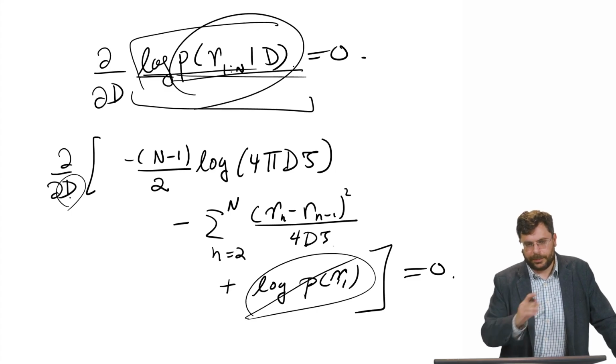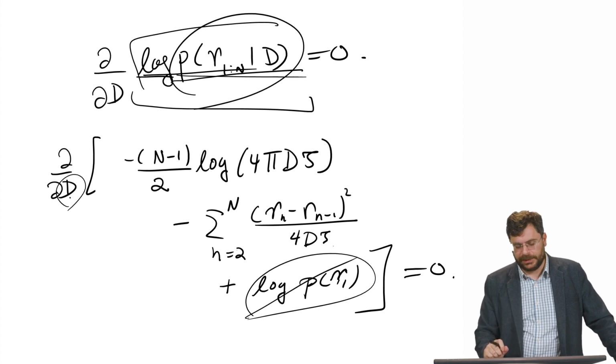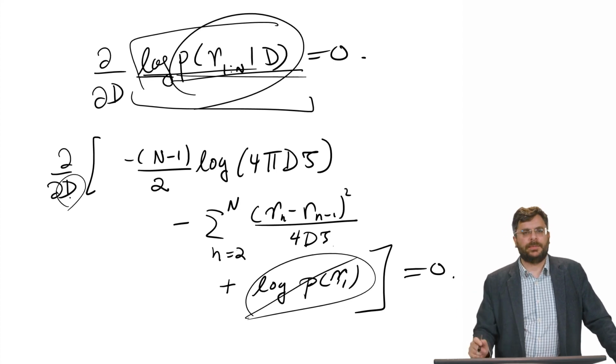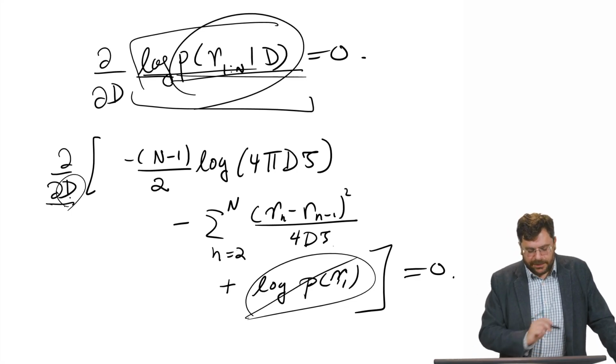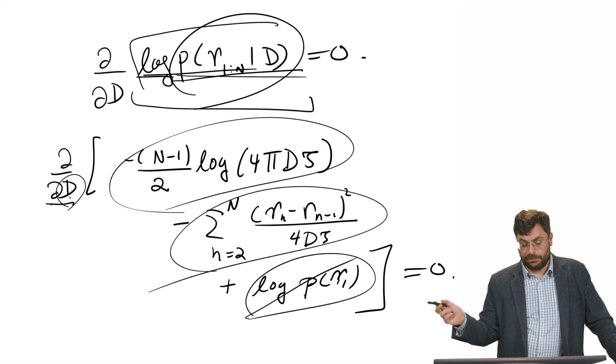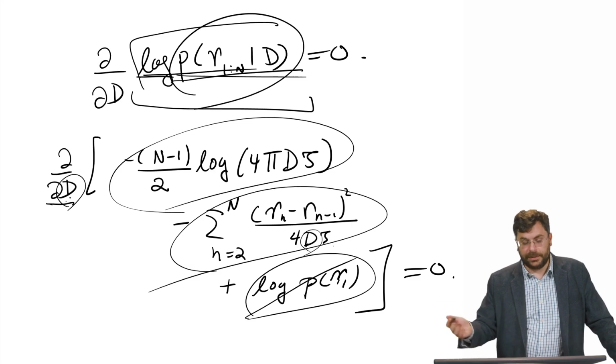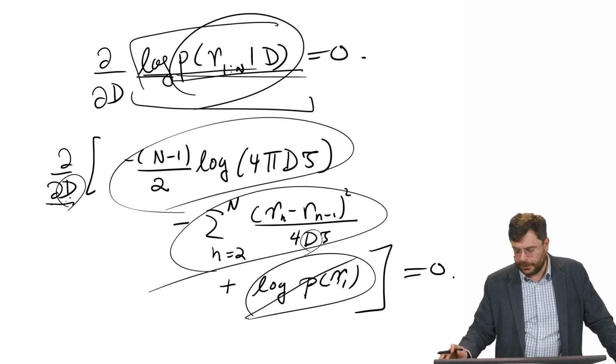So the probability of observing a particular trajectory is P of R1, where I started from, which does not depend on my diffusion coefficient, multiplied by this Markovian transition probability density, which I said in this particular case took the form of a Gaussian for Brownian motion. So if I take the derivative with respect to the diffusion coefficient of the first term and the second term, that I can do. If I take the derivative of log d, that becomes 1 over d. And if I take the derivative of 1 over d, that becomes negative 1 over d squared.